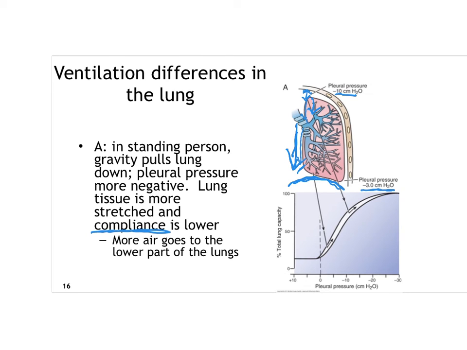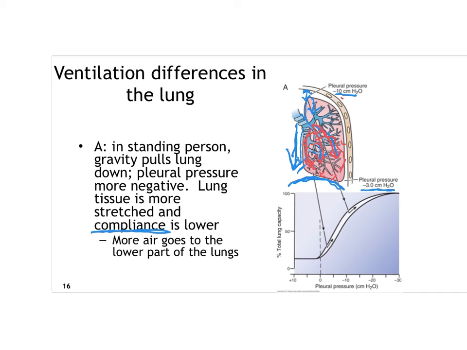So then the airflow will go to that compliant area. It's not going to go to the non-compliant area. Okay, the airflow is going to come here. So the air then moves in. It's going to freely flow within this area of the lung, the lower part of it, because it's more compliant.